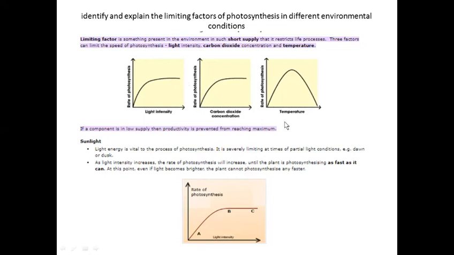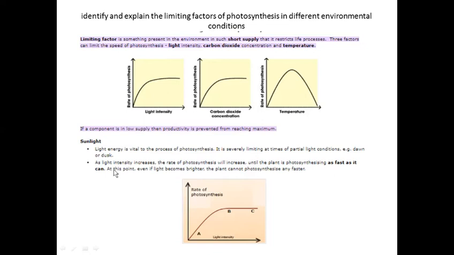But in case of temperature, if the temperature reaches the optimum point and you further increase it, then it reaches the danger point. At this high temperature, all enzymes are going to be damaged, and the rate of photosynthesis is going to be zero. Why? Because the enzymes are not working.